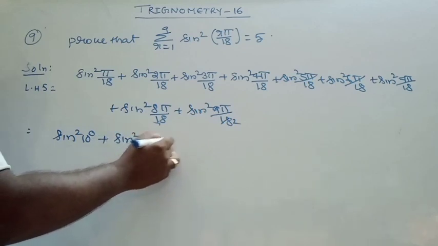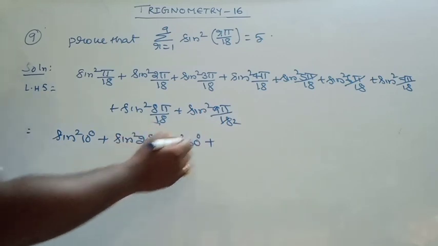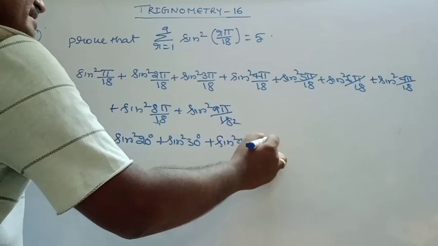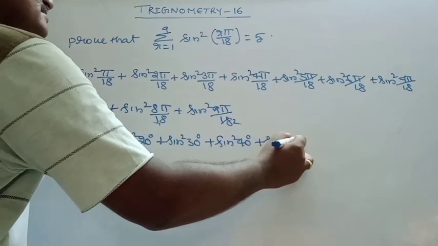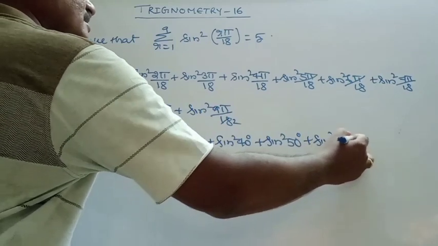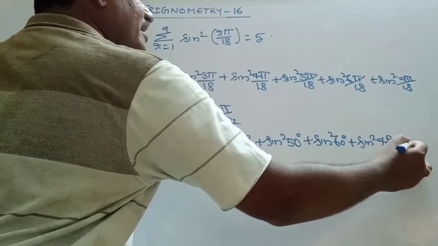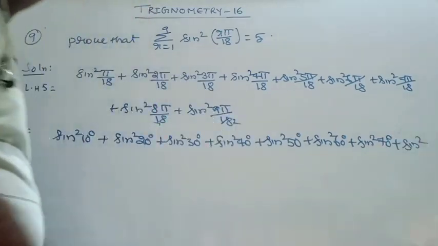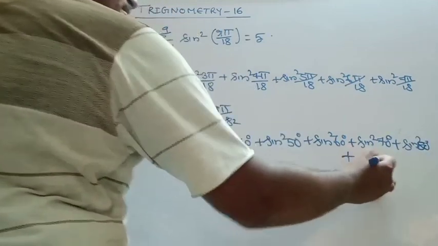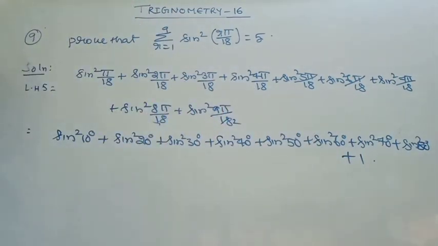Next sine square 30 degrees, next sine square 40 degrees, next sine square 50 degrees, sine square 60 degrees, sine square 70 degrees, plus sine square 80 degrees here. Plus 1 you have here, this is pi by 2, sine square 90 value is 1.